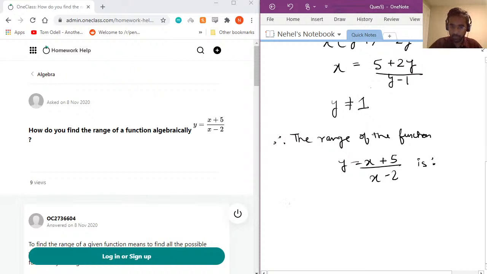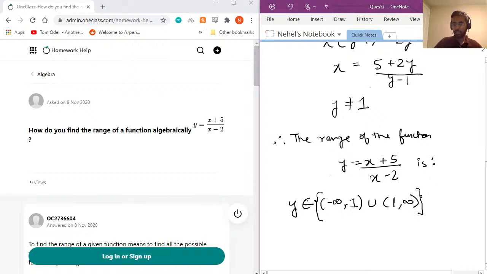The way we express range is y belongs to a subset. The subset would be from negative infinity to 1, sorry, actually it'll be positive 1. Negative infinity to 1 union 1 to infinity. So y would belong to this subset.